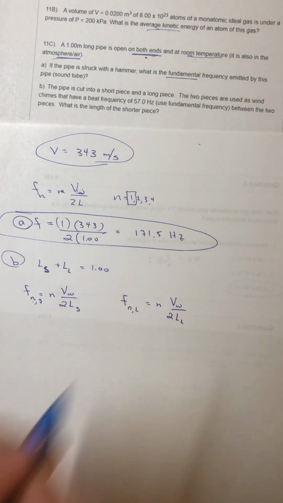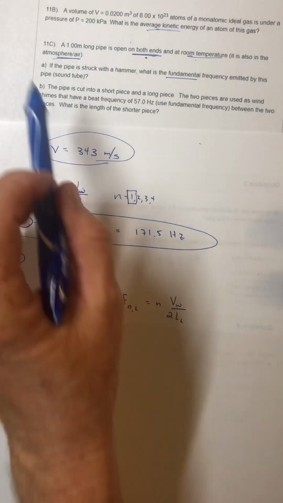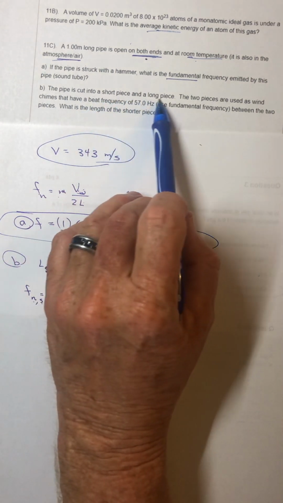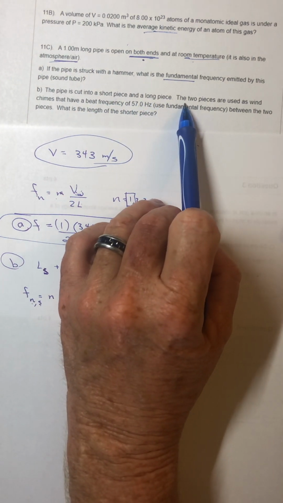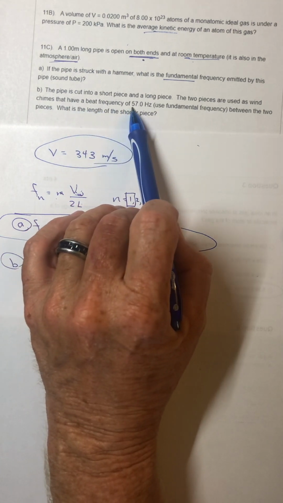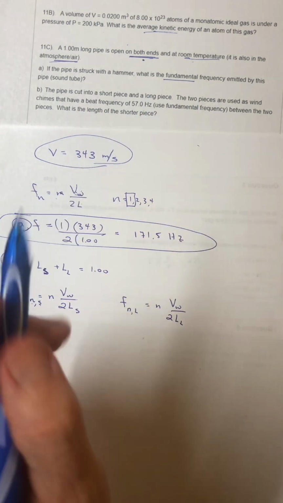pipe. Now, I'm probably wasting my time writing these ends here because as you read the problem, it says a pipe is cut into a short piece and a long piece. The two pieces are used as a wind chime that have a beat frequency of 57 hertz. Use the fundamental frequency.